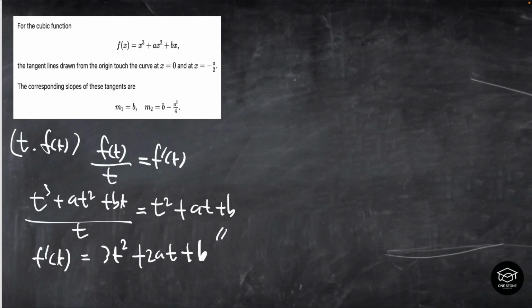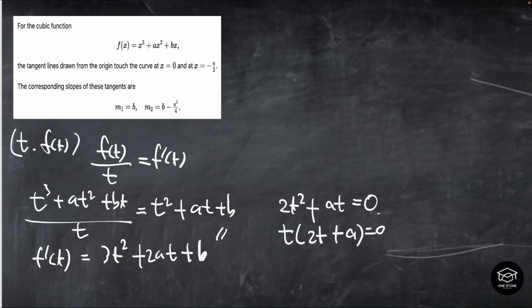Therefore, the condition for tangency is that t squared plus at plus b must equal 3t squared plus 2at plus b. Simplifying, we subtract the left side from the right side, and we get 2t squared plus at equals 0.